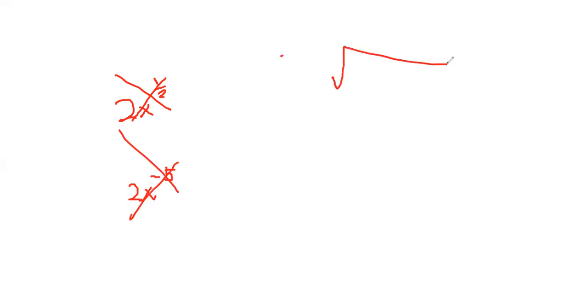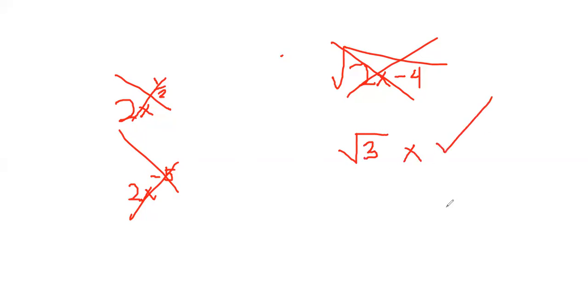Then the square root of 2x minus 4 is also not a polynomial function because we have a variable inside the radical sign. But if the x is outside of the radical, it is a polynomial function. Basically, a variable inside the radical is not a polynomial function.